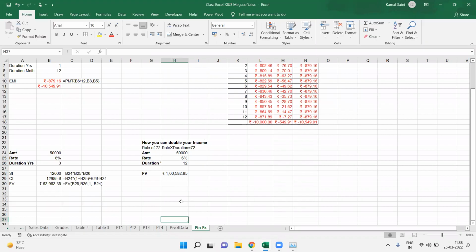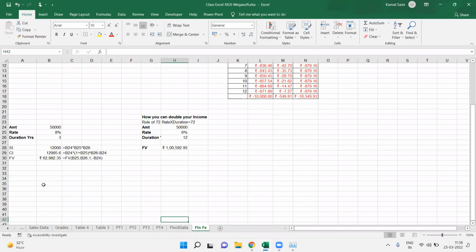So when you multiply the rate of interest with the duration, your amount gets doubled.